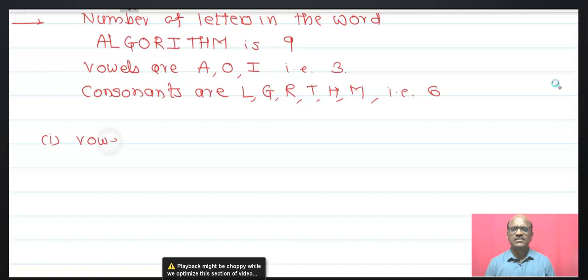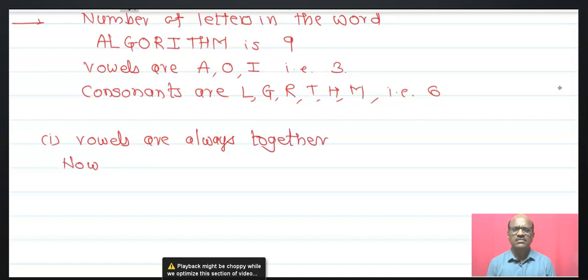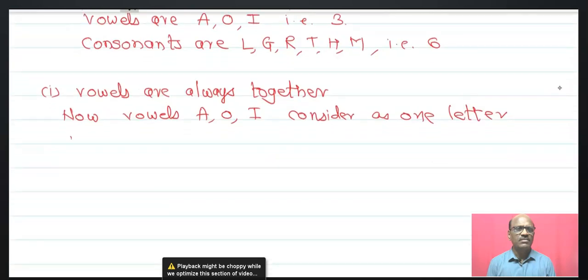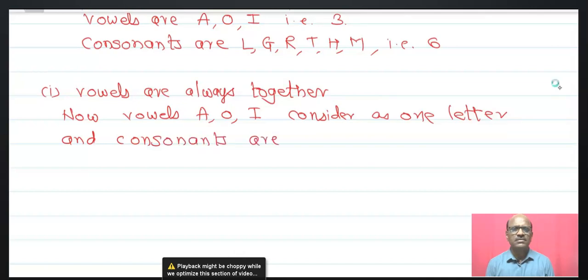Now first, vowels are always together. Vowels are A, O, I. Consider them as one letter, and consonants are 6.